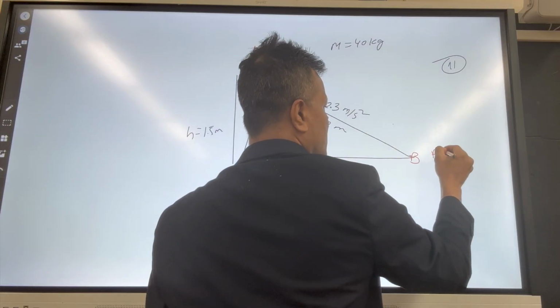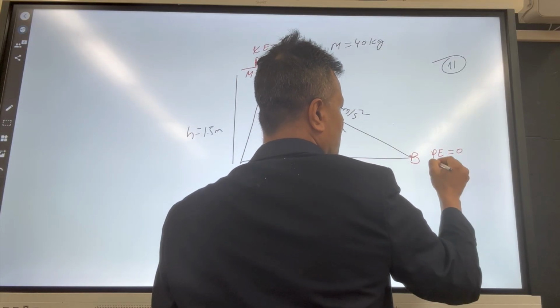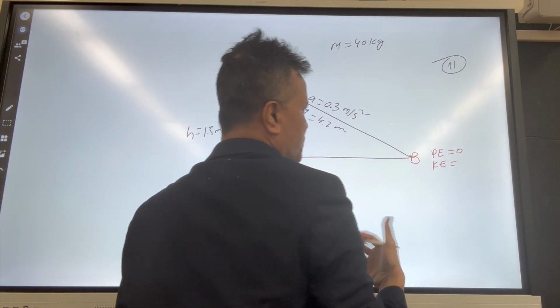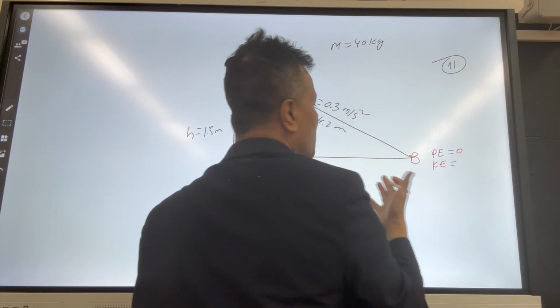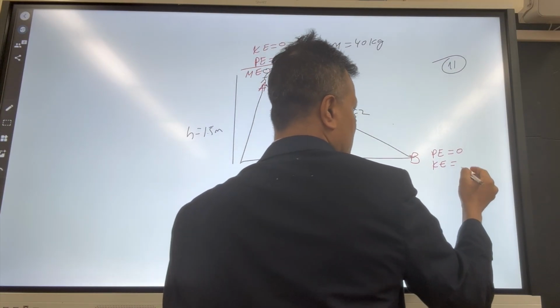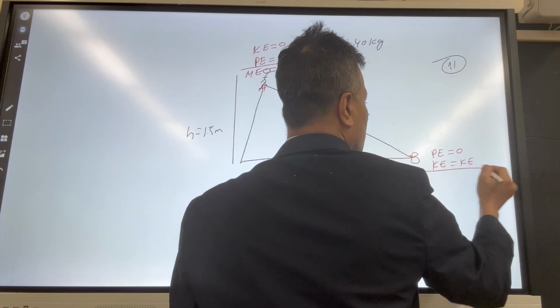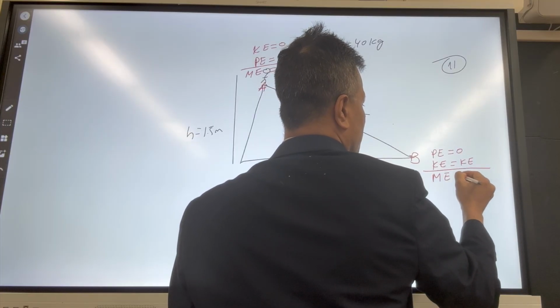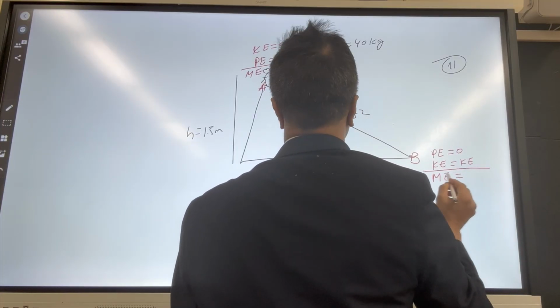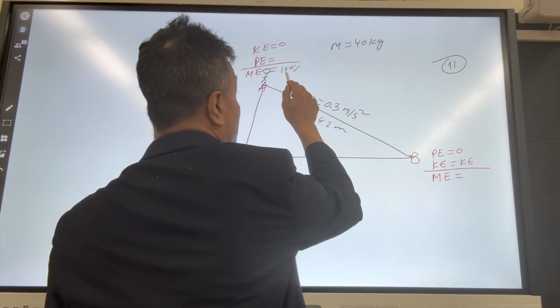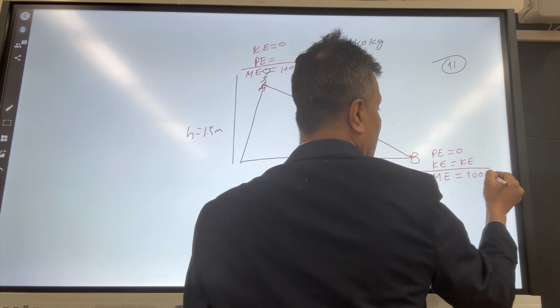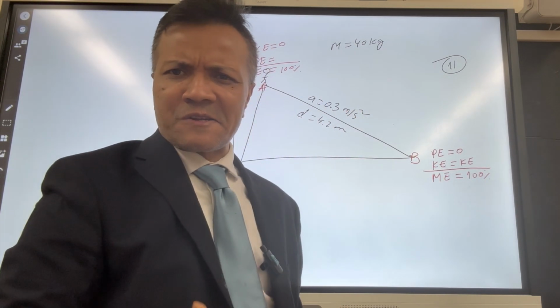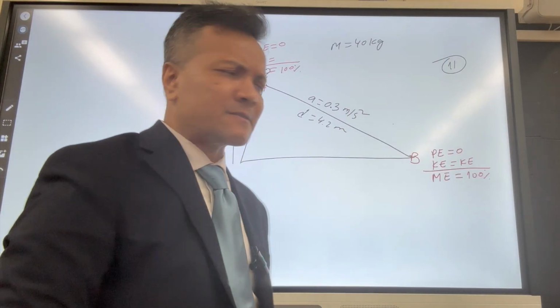At location B, potential energy is 0 and we have kinetic energy, which is probably not 100%. We don't know whether there is friction, but let's write kinetic energy. Both of them are mechanical energy. If this mechanical energy equals the 100% over here, then we will say that no mechanical energy is lost. But let's investigate.